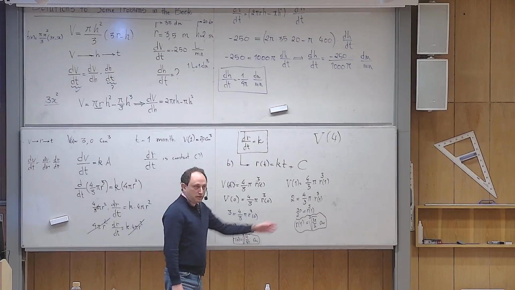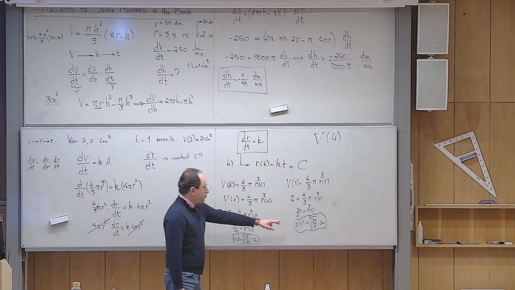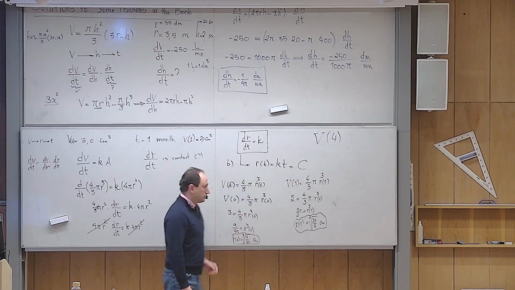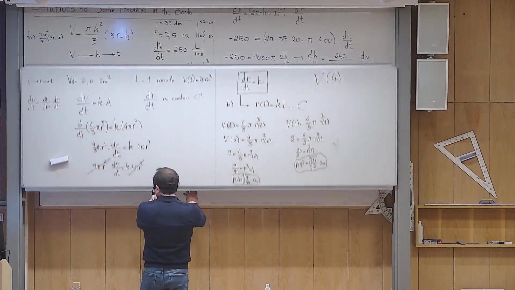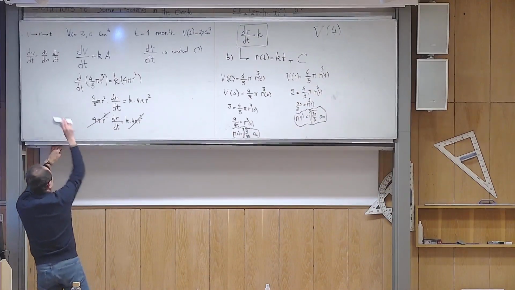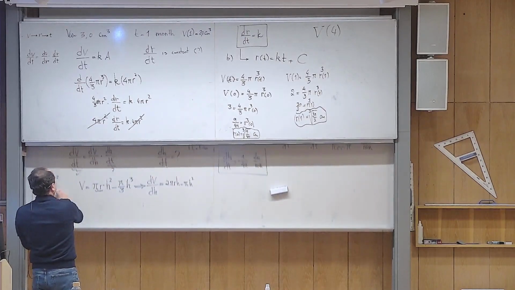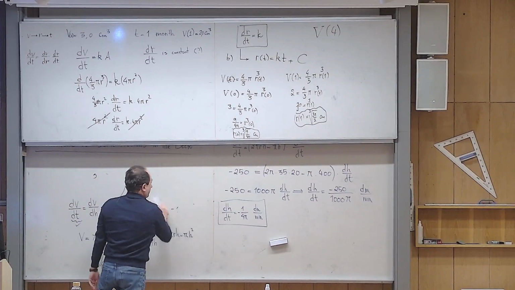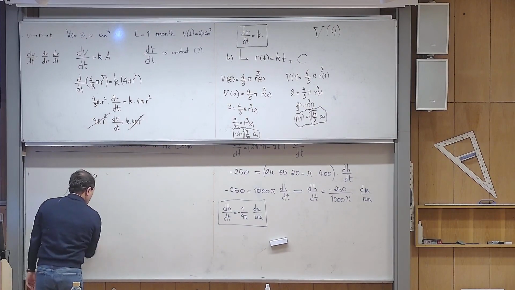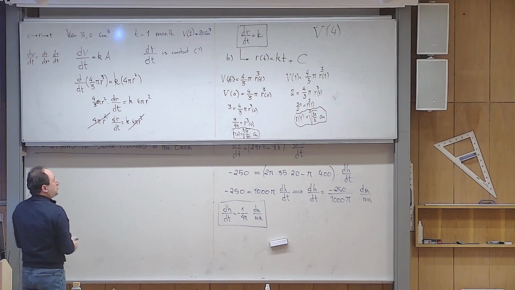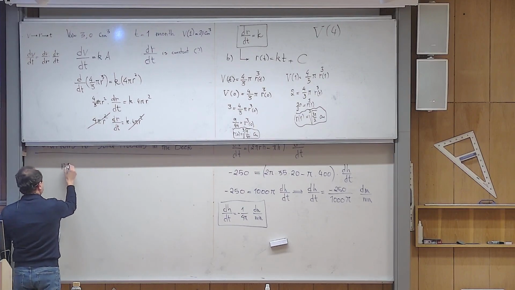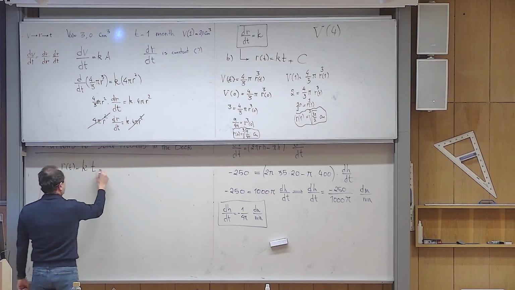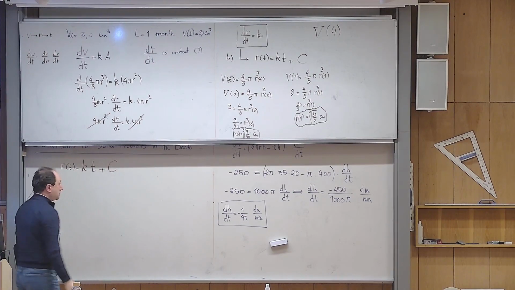So is that clear up to here? But now I can use these pieces of information to find these two unknowns. Okay, so how should I do that? So let me use those pieces of information. So we realize that R of t is an unknown constant k multiplied by t plus another unknown constant c for the time being.